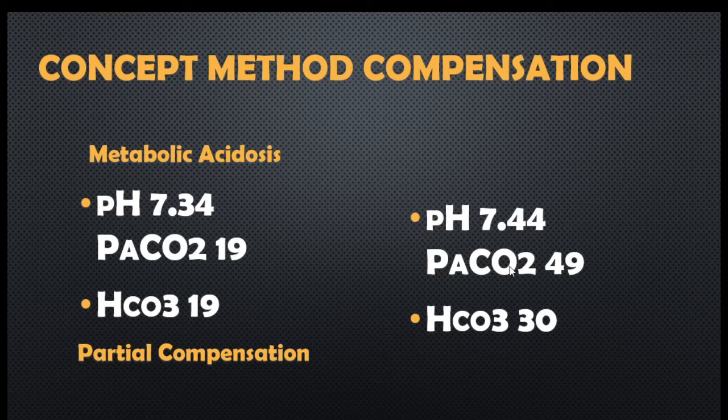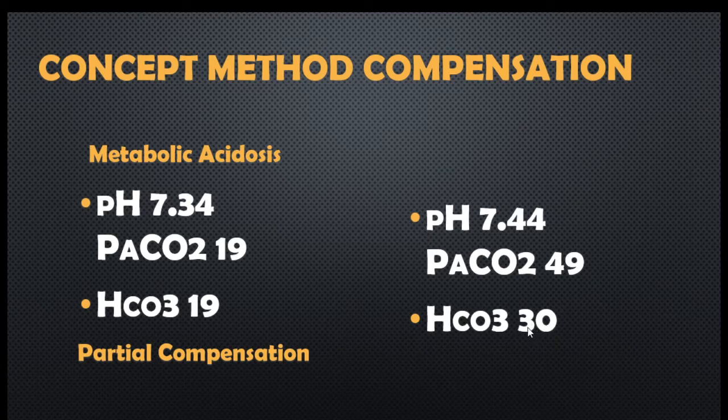Next, look at the PaCO2. It is 49. So it is leaning toward the acidic side, because an increase in PaCO2 makes your blood acidic. And let's look at your bicarbonate. Bicarbonate is 30. The normal value is 22 to 26. So an increase in bicarbonate, as I told you before, is related to alkaline or base, so it makes your blood more alkaline.